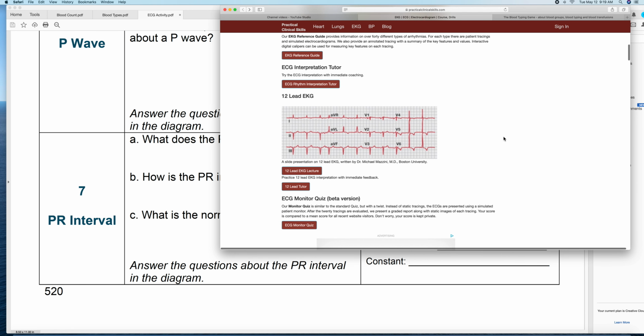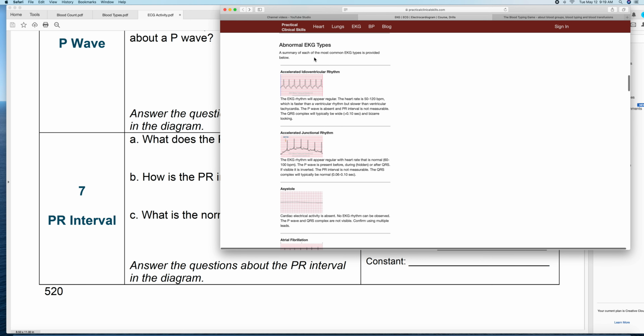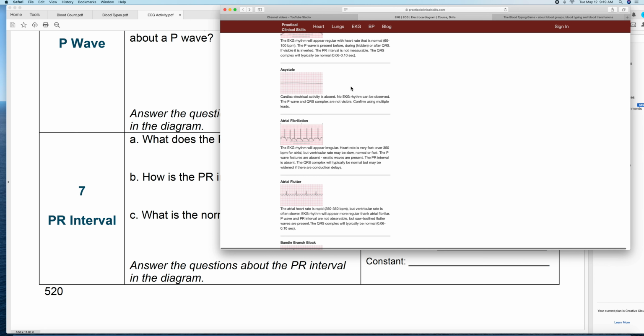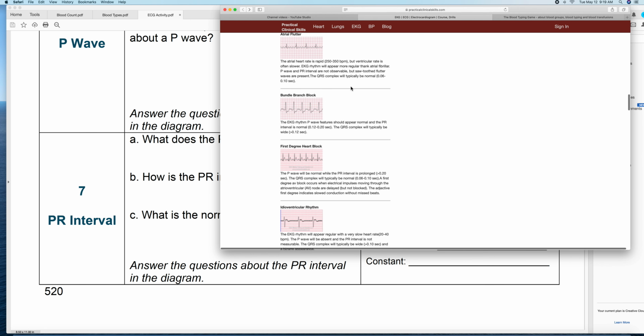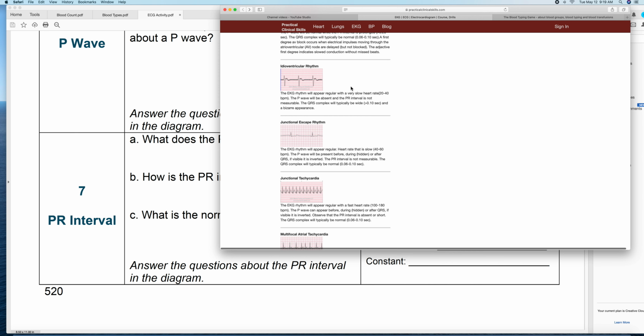And then there are also very common abnormalities. These abnormalities are things that if you're going into the medical field, especially if you're in a cardiac unit, you are going to get to know, because you can diagnose various scenarios based on ECG readings.